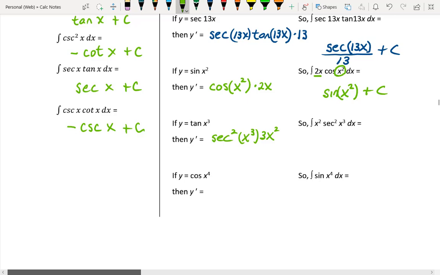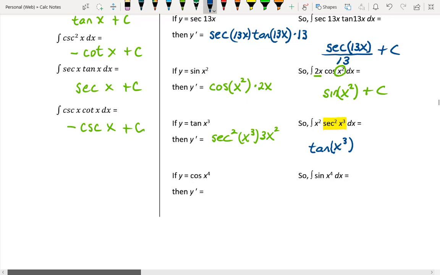Okay, so the first question I want to ask myself is, what is the antiderivative of that? Well, the antiderivative of secant squared is tangent. So I know I'm going to have tangent of x cubed. Now, if I take the derivative of tangent of x cubed, not only do I get secant squared of x cubed, I get 3x squared.